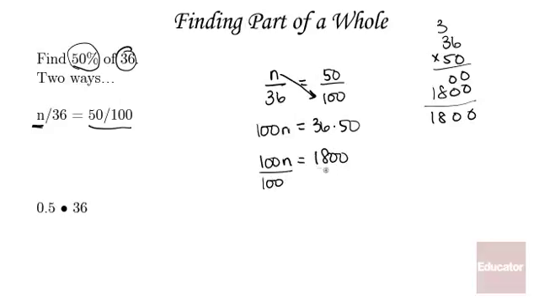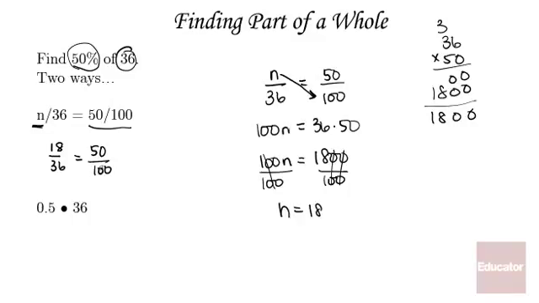Divide by 100, isolating n, n equals 18. So 50% of 36 is 18. So what we're saying is 18 over 36 is the same as 50 out of 100.